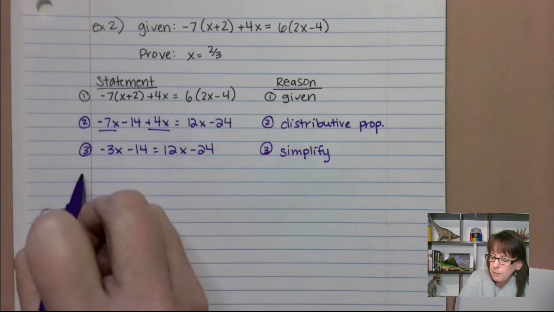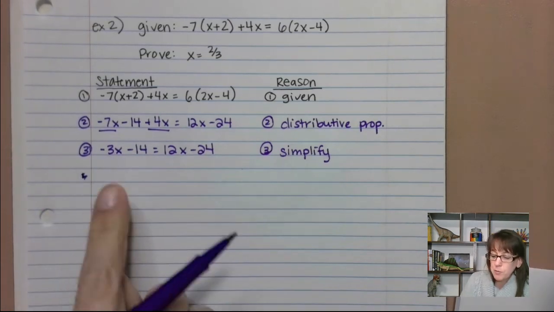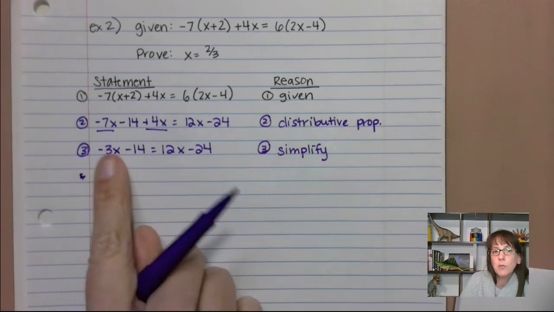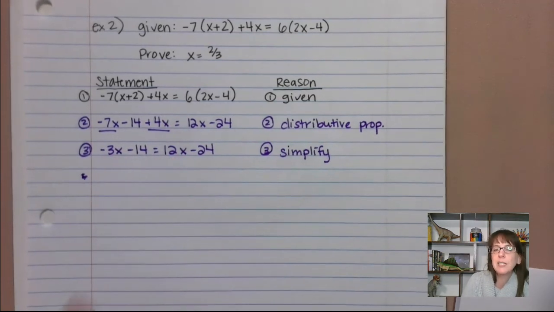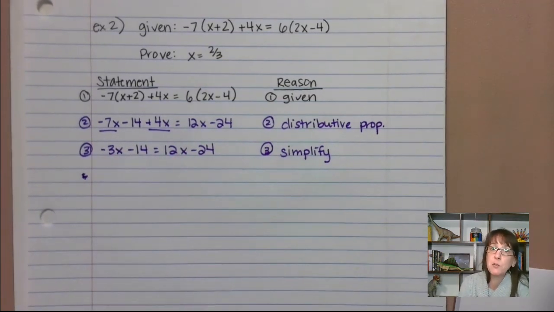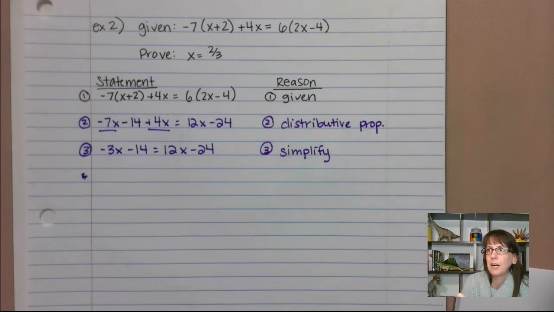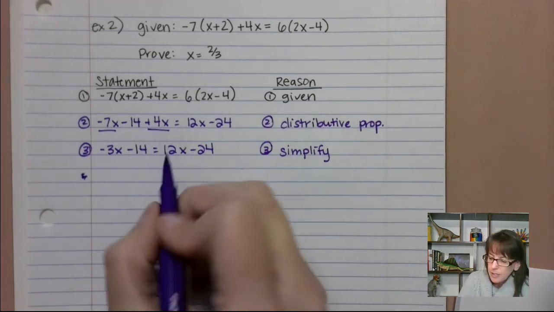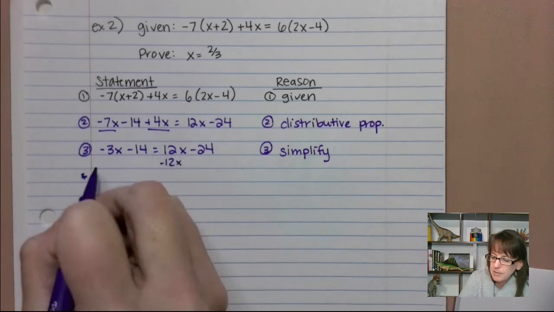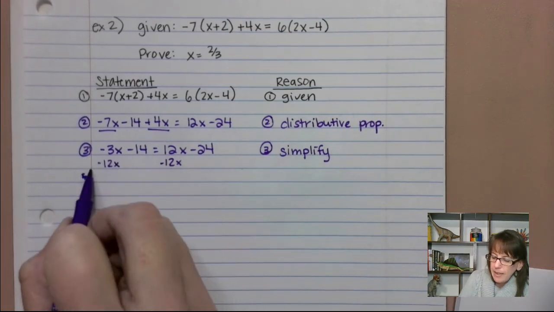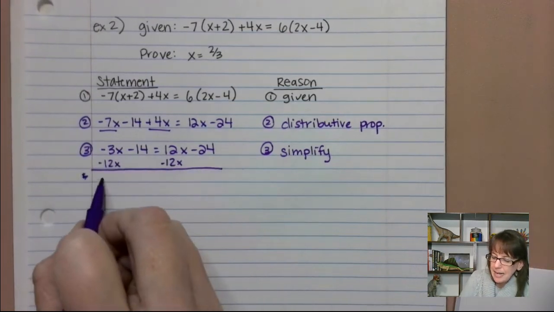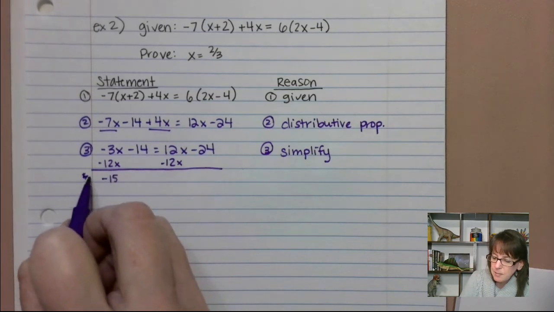So for number 4, first we've got to do something. When we have variables on both sides of our equation, I always deal with the variables first, because if you don't, you run the risk of making a mistake if x happens to equal 0. So we're going to subtract 12x from both sides. All right, that gives us negative 15x. So this is number 4.